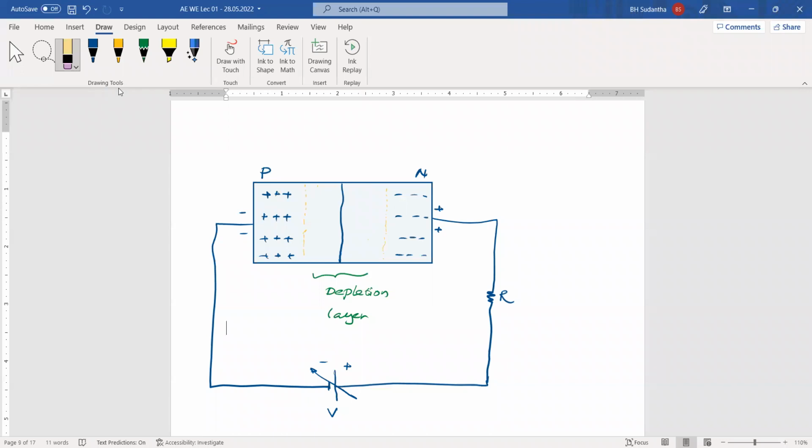Then the width of the depletion layer also increases. Because of that, no conduction is possible here.